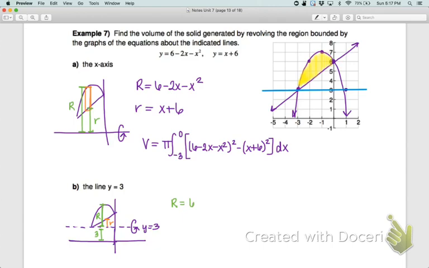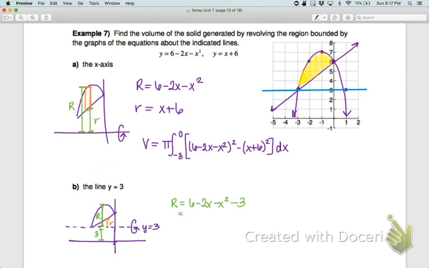So this is going to be 6 minus 2x minus x squared minus 3, because we don't want those bottom 3 that take us all the way down to the x-axis. Remember that the function always measures from the x-axis up to whatever point you are trying to get to. So if I wanted to measure just from here up to a point, I have to subtract off this void space here, which is why we have to subtract 3 there.